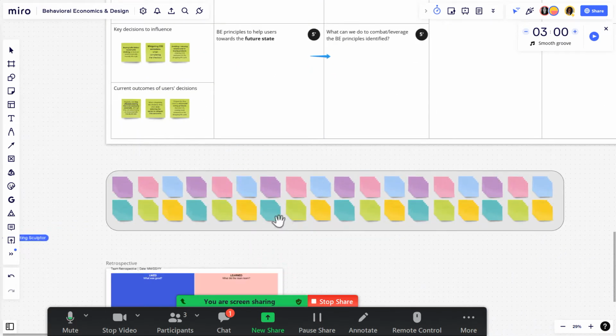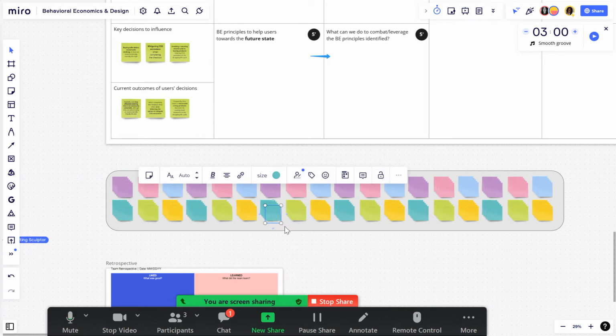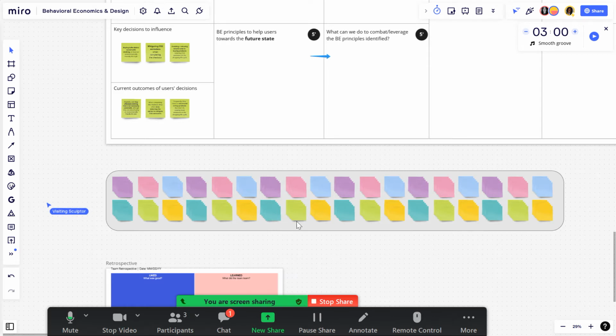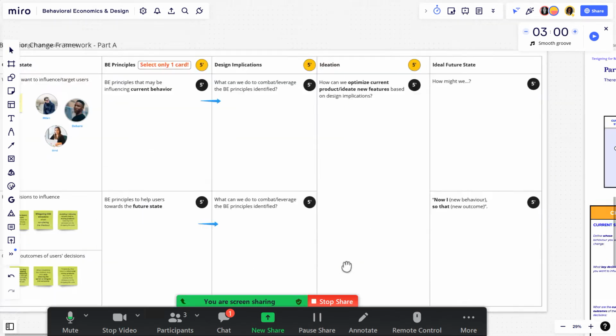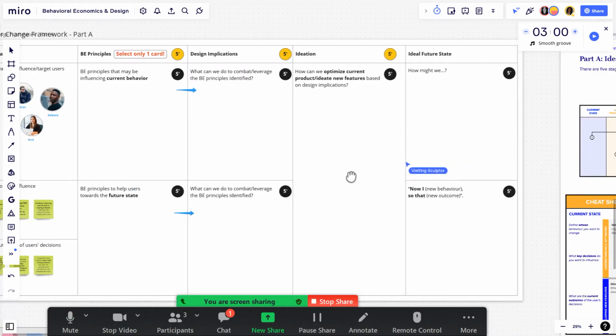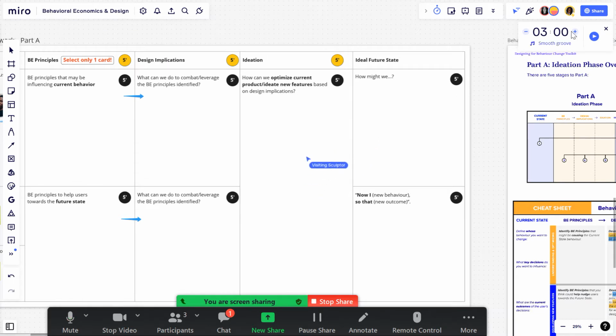So you have your sticky notes. You can select them and press Ctrl D if you want to duplicate one, or just take it and bring it up here to this section. If you're ready, then let's go for it. I will dedicate 5 minutes initially, and then we can discuss in the group.